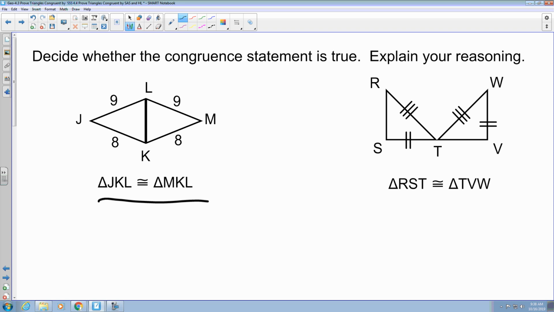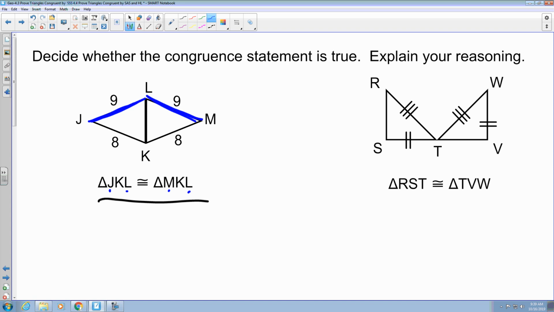So I look here and right off the bat, I see that JL is 9 units. JL is the first and third letters in the order of that congruency statement. And so ML is first and third in that triangle. So ML is also 9.